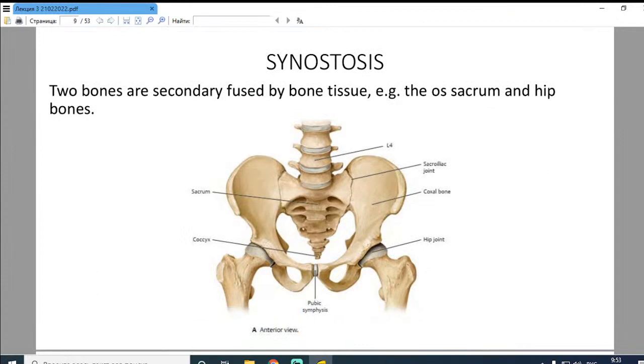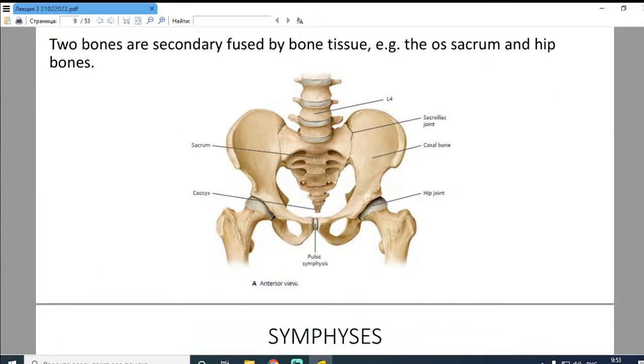Next, synostosis. Two bones are secondarily fused by bone tissue. For example, the sacrum consists of 5 bones: 1, 2, 3, 4, 5.